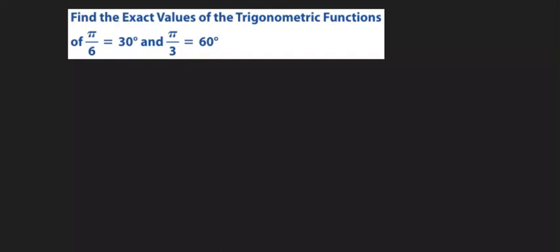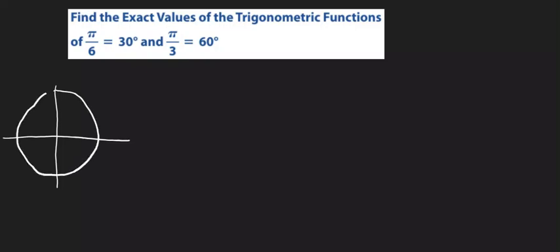Let's start by drawing a unit circle. And let's have our radius there. This radius, I want you to take note, is of length 1. And let's have our right angle right there.